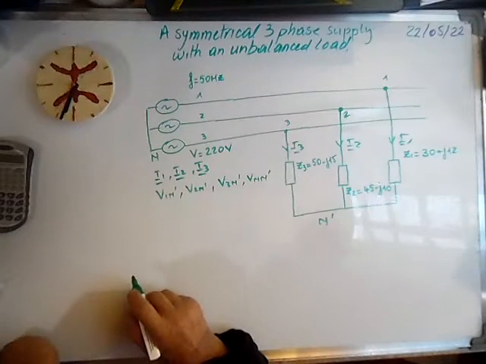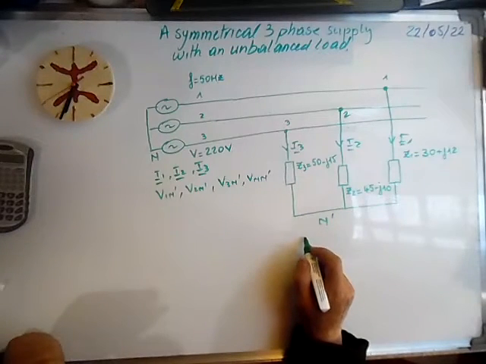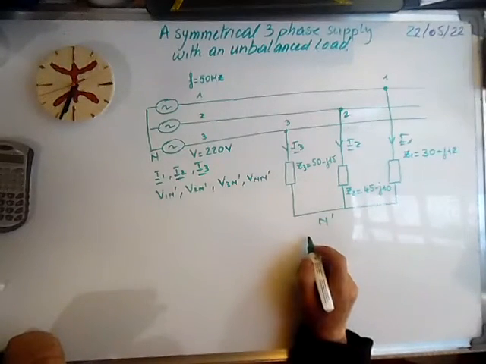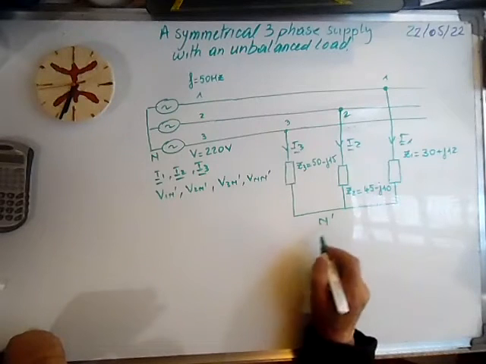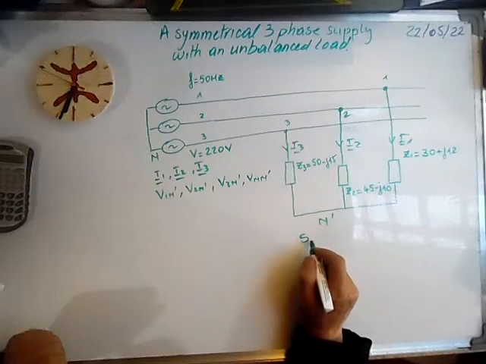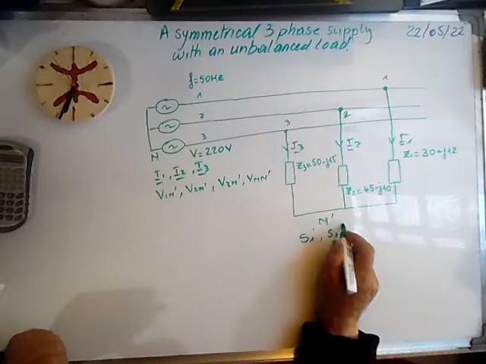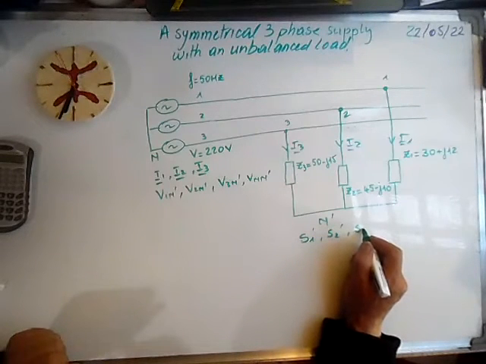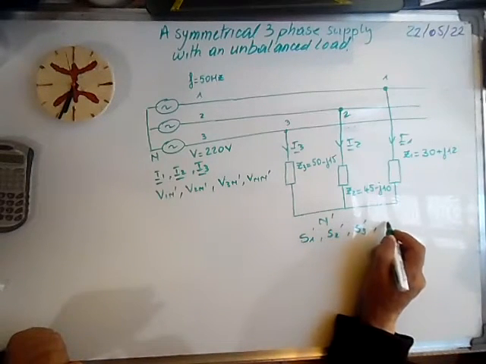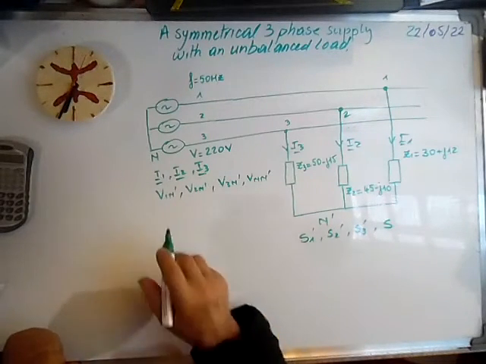Okay, and then we calculate the power consumed by the three phases of the load, it means the three loads. Let's call them S1 prime, S2 prime and S3 prime, and the total power absorbed by the load.